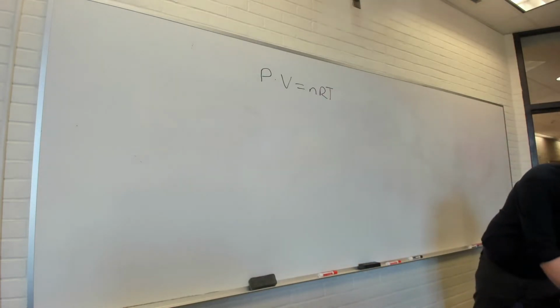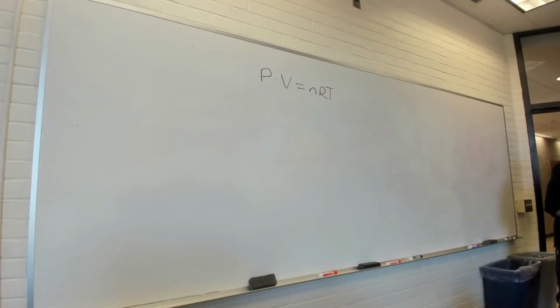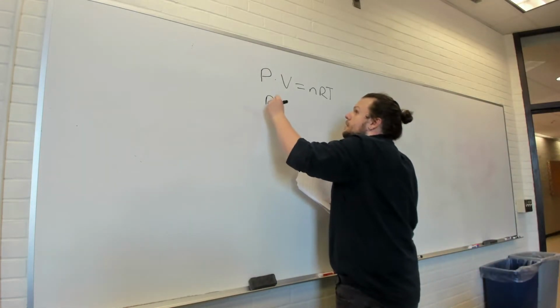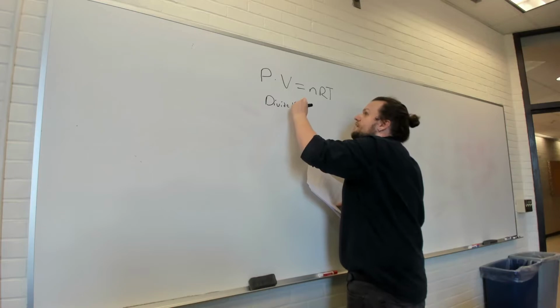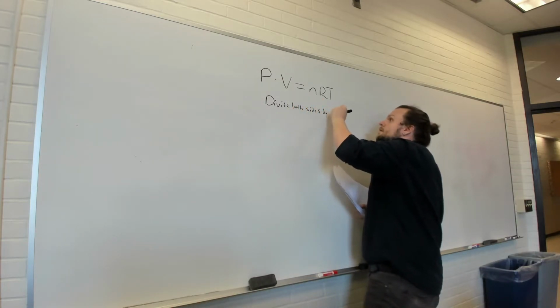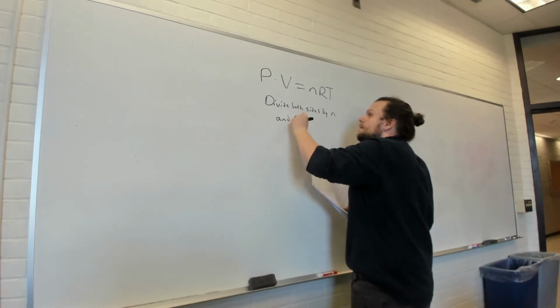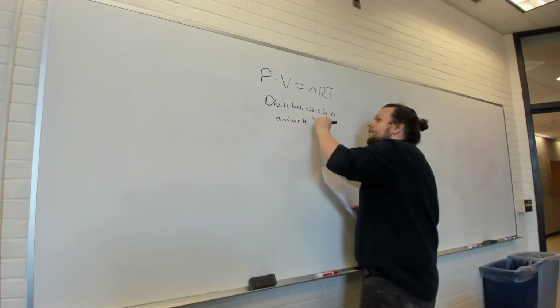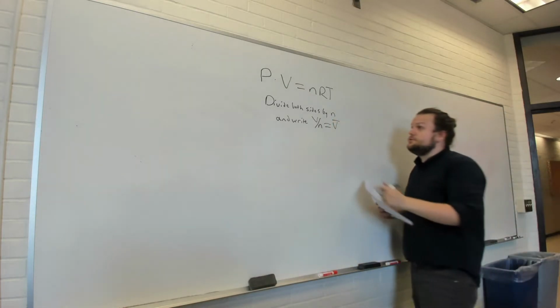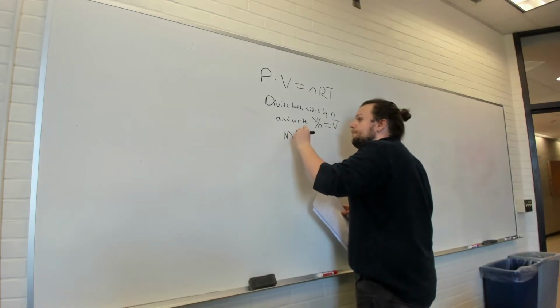I'm going to make some adjustments to this equation to make it simpler. I'm going to divide both sides by n and write V over n as V bar, which is called the molar volume.